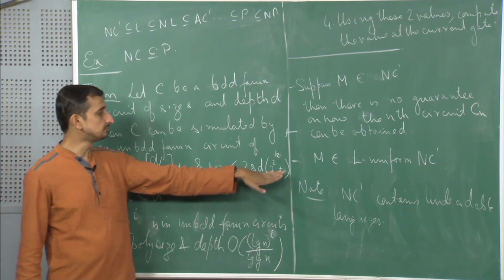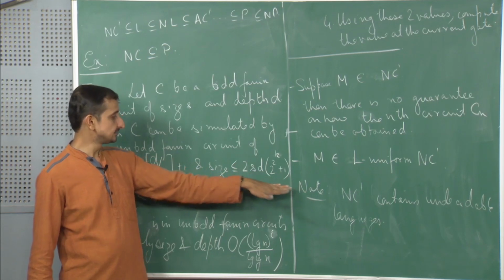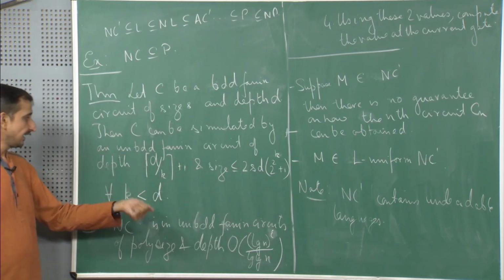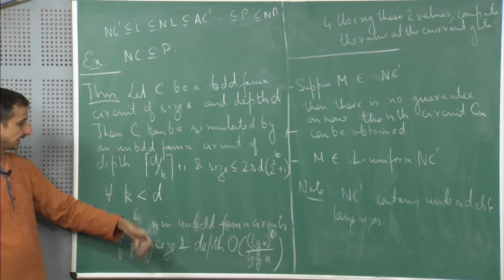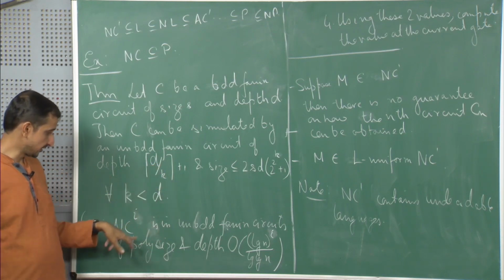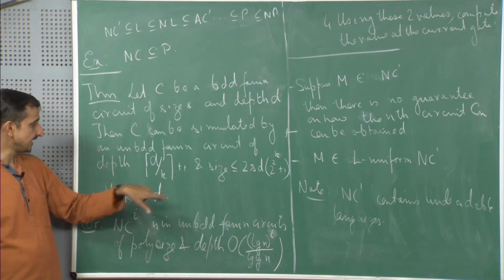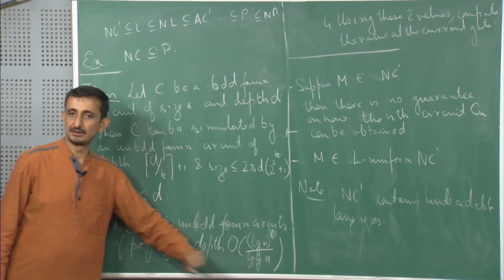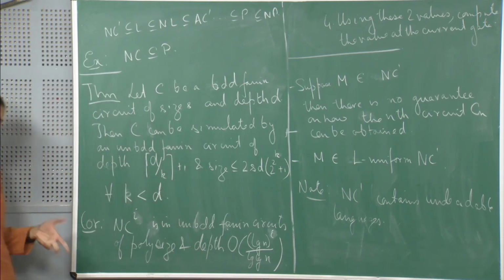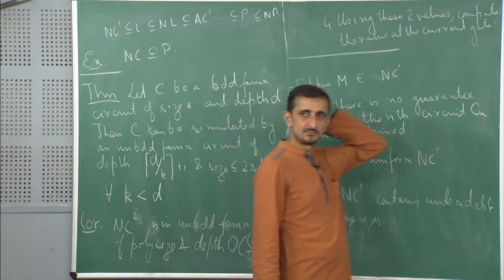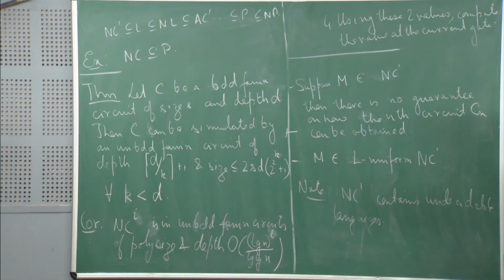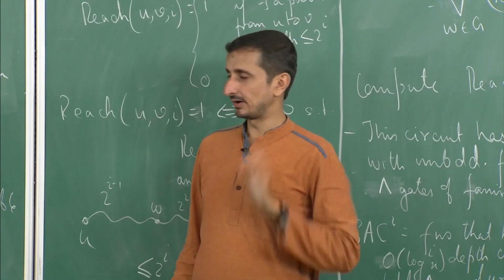The reason I need to choose K to be log n is because I need the size to be polynomial, and now with K equal to log n, I get D, which originally was log n to the power i, divided by log n, which is exactly what we want. The proof is actually quite easy, but we will see this next time. Okay, I will stop here.